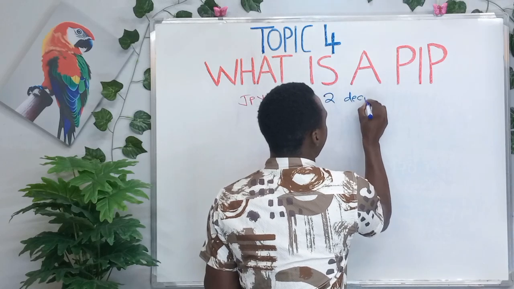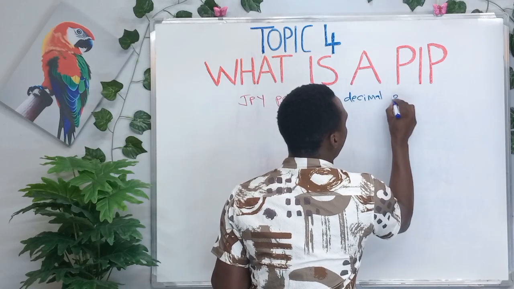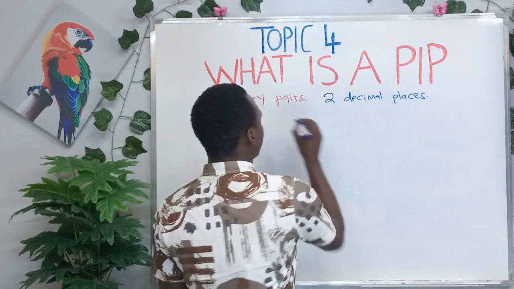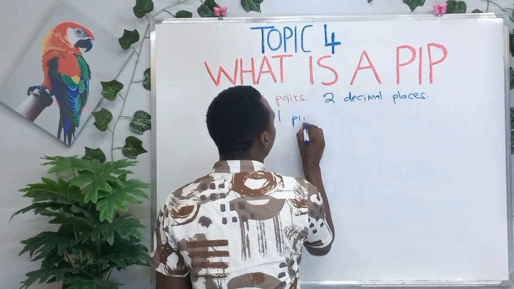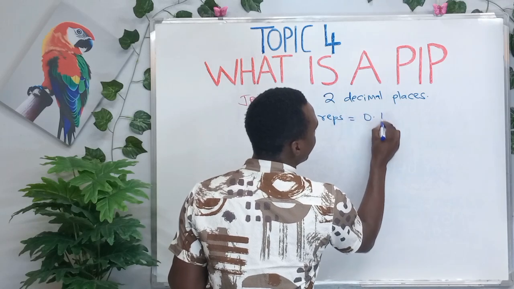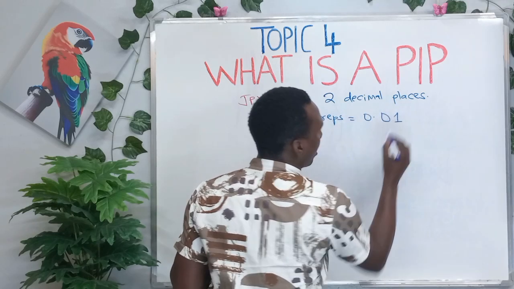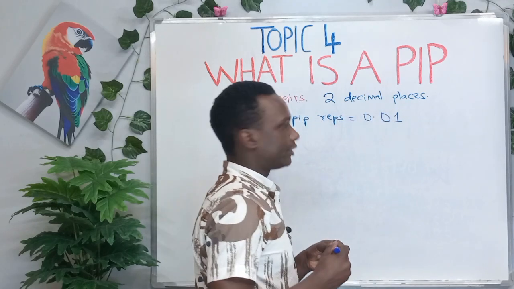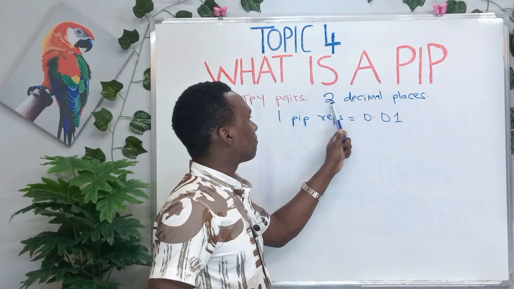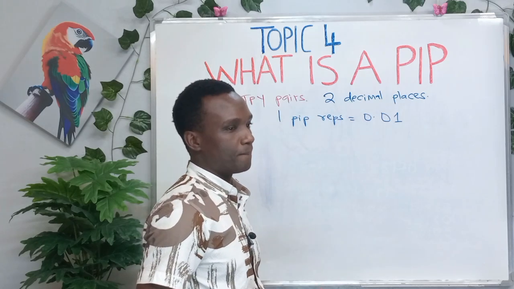So 1 pip represents 0.01. All right? Good.